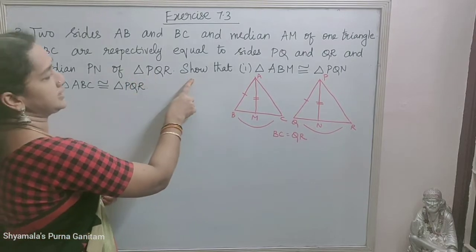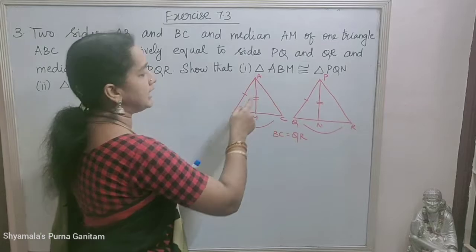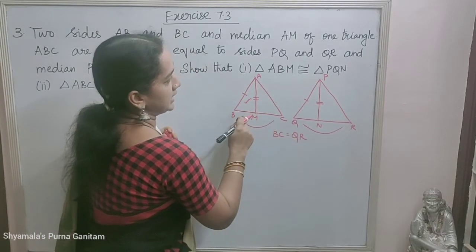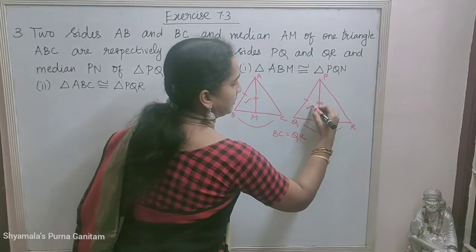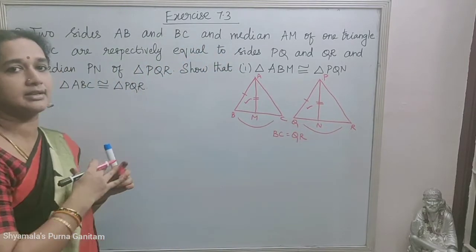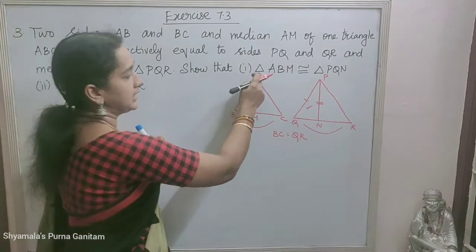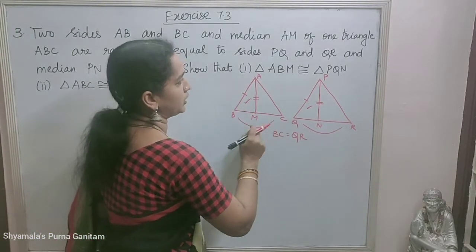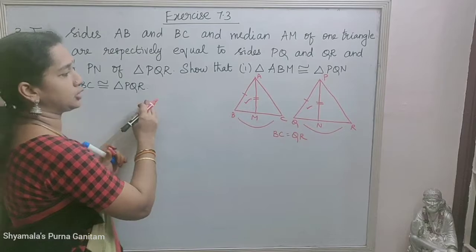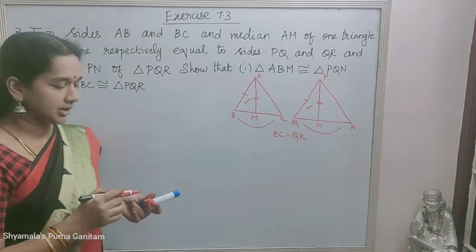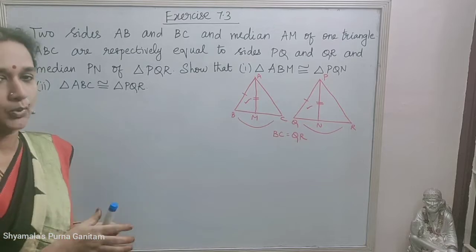Okay, so we are asked to show that triangle ABM is congruent to triangle PQN. These two triangles are congruent, we have to prove first. Then ABC, that is this full triangle, is congruent to triangle PQR. So these two triangles are congruent, we have to prove. This is the question given.